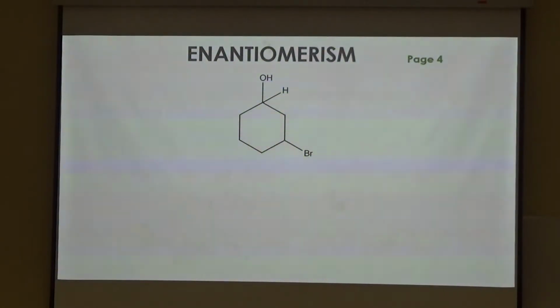So I start counting. 1, 2, these two are quite obvious. Then where is my 3 and my 4? 3 on the left hand side and 4 on the right hand side. This is how you can calculate for a cyclo compound. Okay?